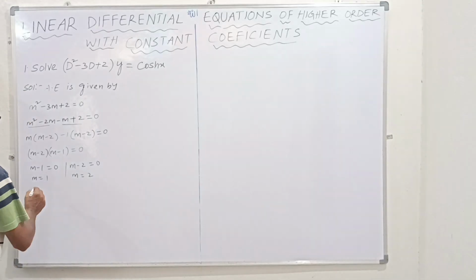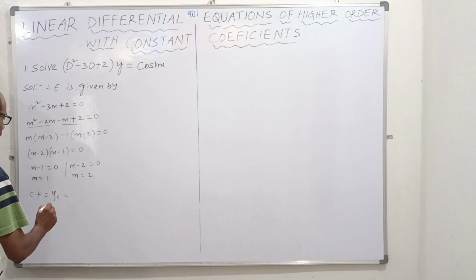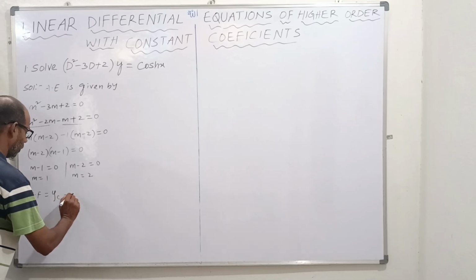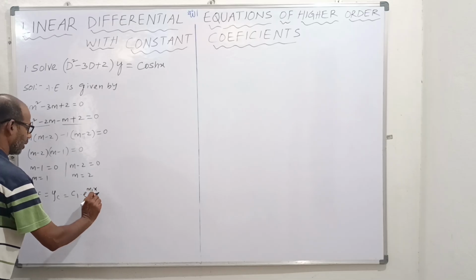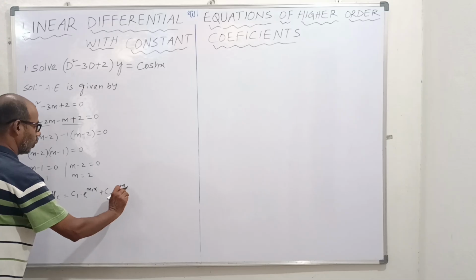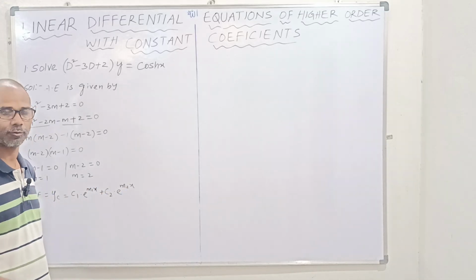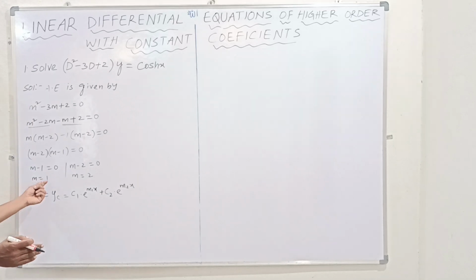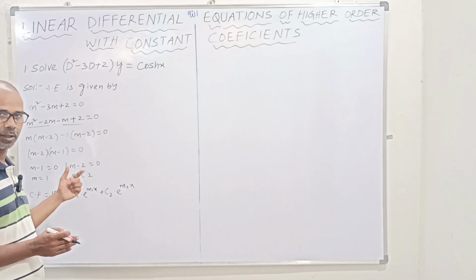So what is the complementary function? Therefore CF is equals to yc is equals to C1 into e power m1x plus C2 into e power m2x. So that is the formula for writing the complementary function for the roots which are real and different.